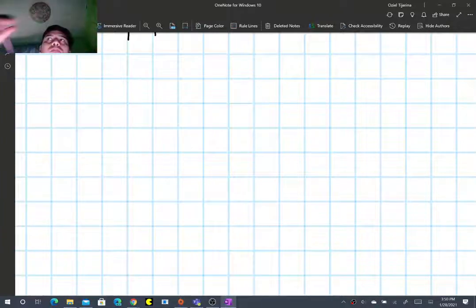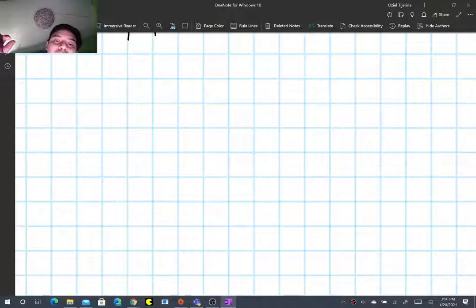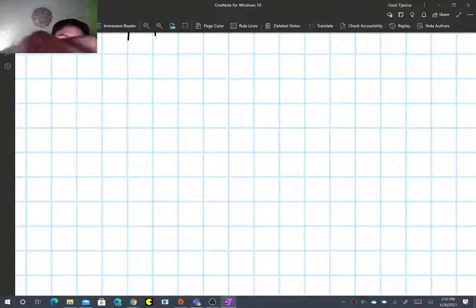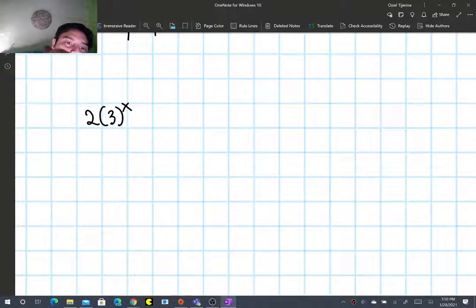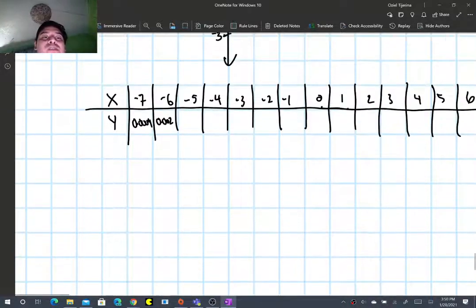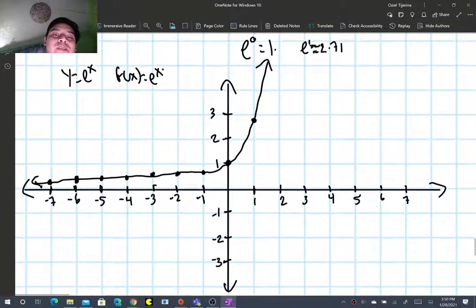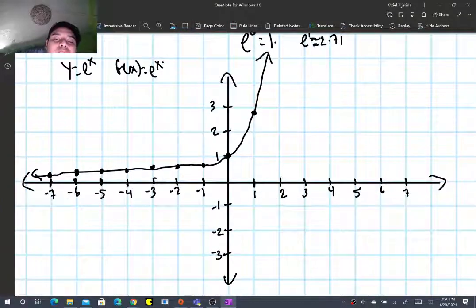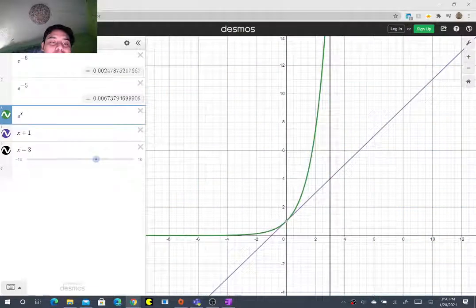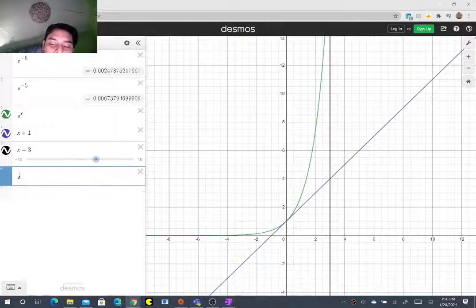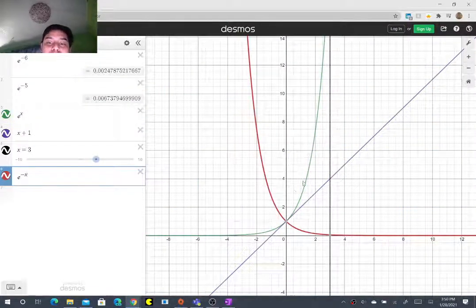Now, as far as graphing exponential functions, there is a rule. For example, with the transformations of functions, if we look at e to the negative x, you can see that it is a reflection in the y-axis.